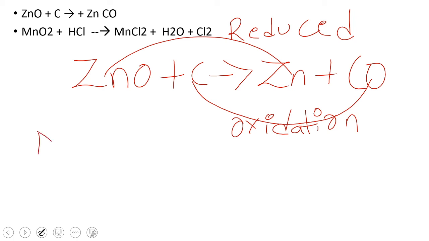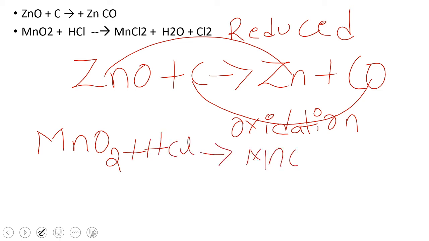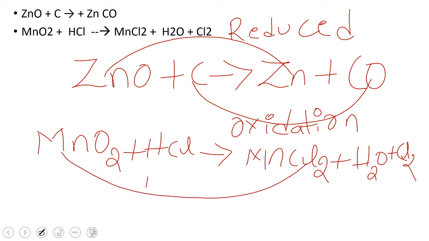And one more: manganese oxide reacts with hydrochloric acid to give rise to manganese chloride plus water, and chlorine gas is liberated. So here if you observe, manganese oxide undergoes reduction because of removal of oxygen, right?